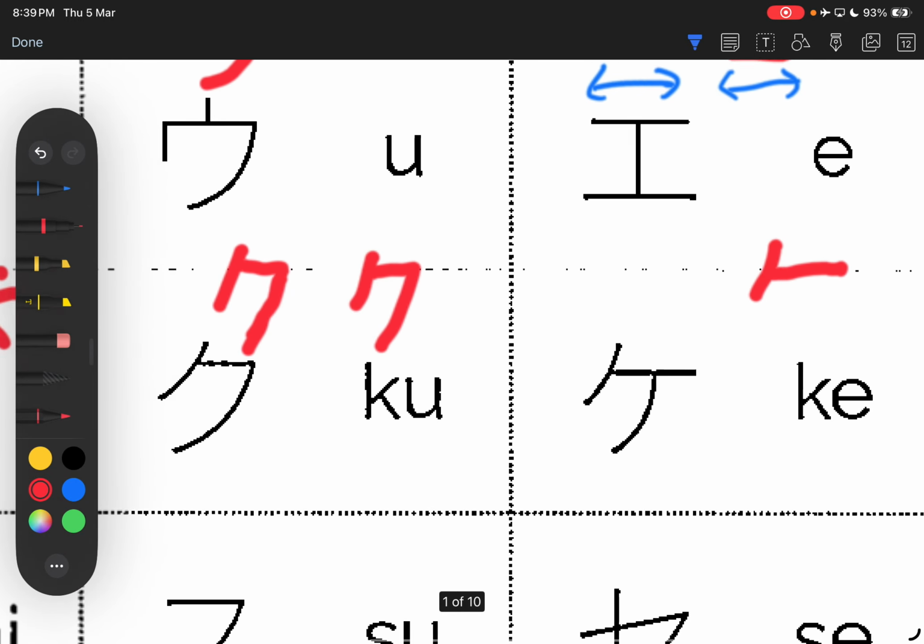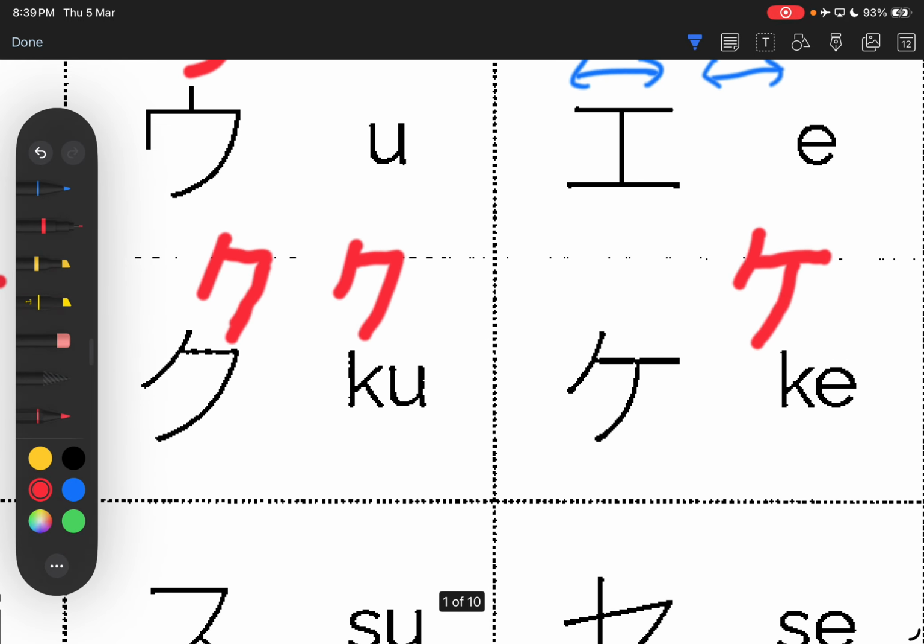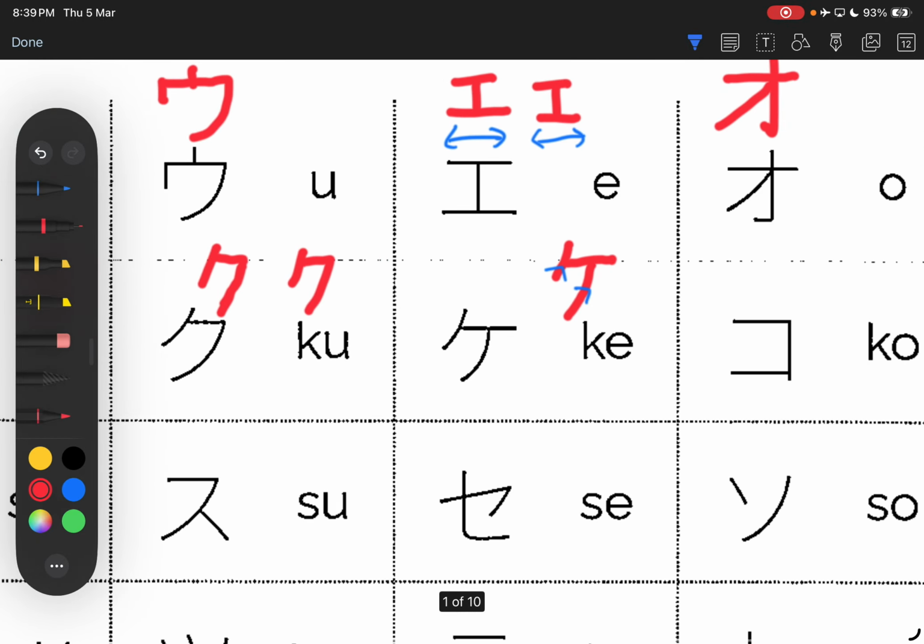But we rotate it, and then we do another stroke downwards. So you can say that the two slanted strokes are parallel to each other. Okay, that is ke. Next we have ko. So ko just like that. 1, 2, 3.